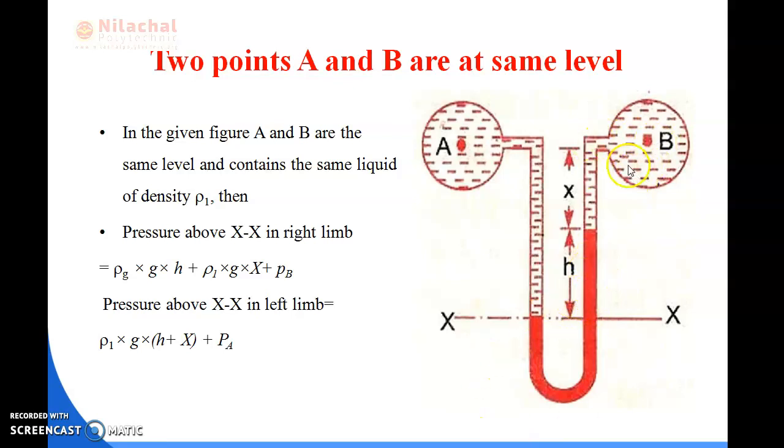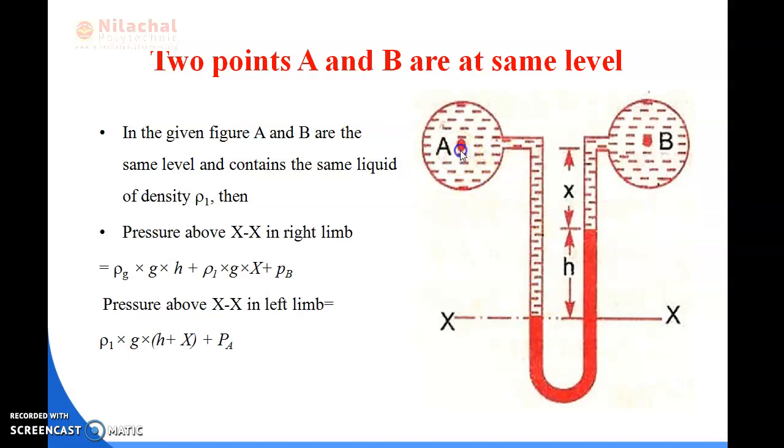First is the pressure of the pipe, that is PB, plus rho 1 G into X, this height, then plus rho G into H. This is the right side pressure. Then the left side pressure is rho 1 G into (H plus X) plus PA, the pressure at pipe A.